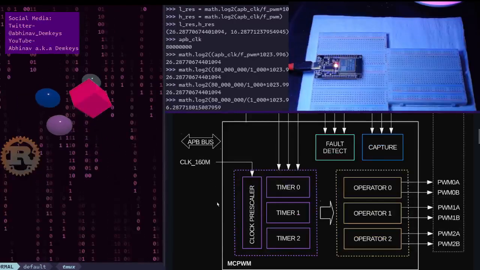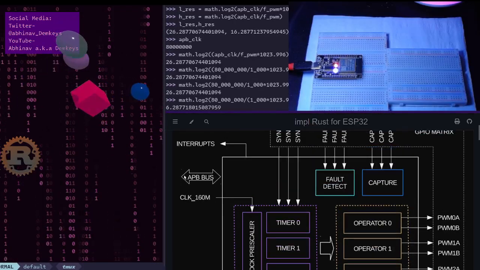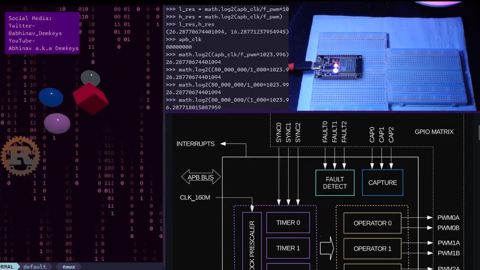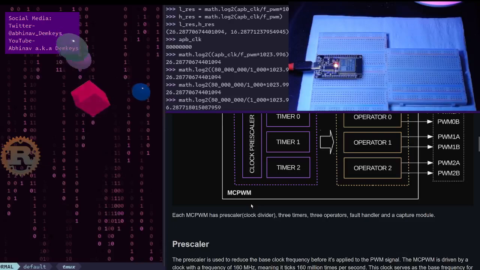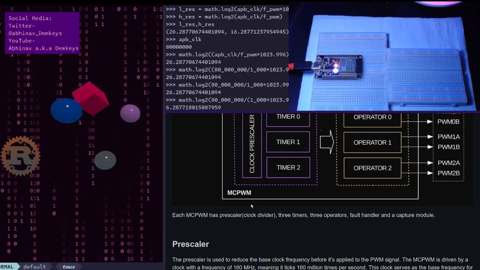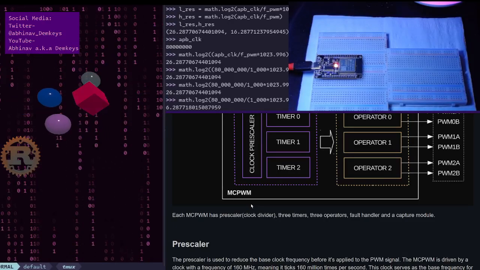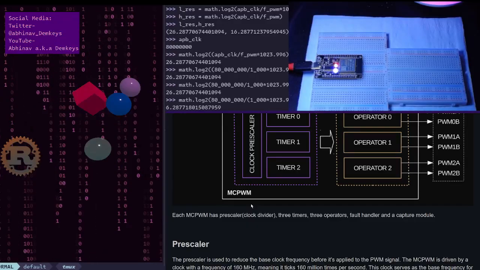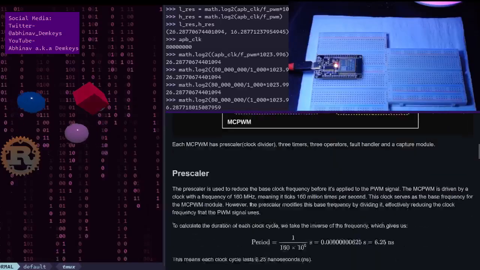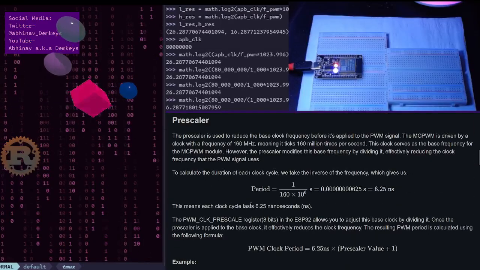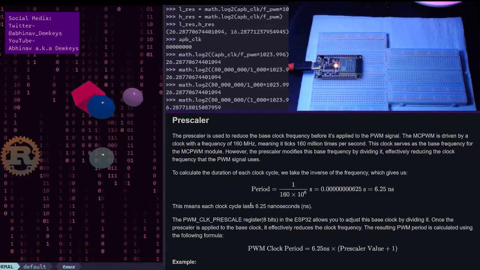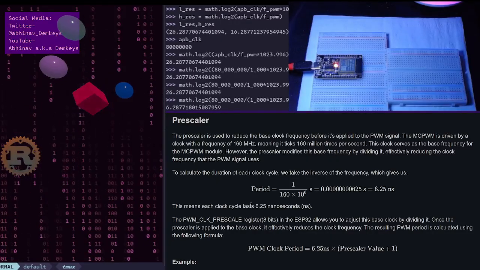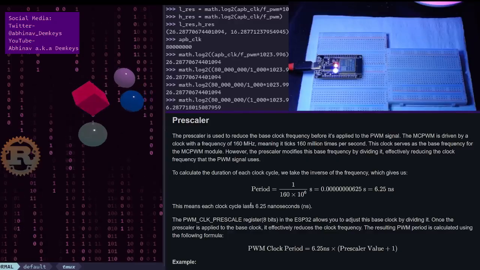So it's 160. This one is running at 160. That's interesting. Each MCPWM has a prescaler or clock divider, three timers, three operators, a fault handler, and a capture module. The prescaler is used to reduce the base clock frequency before it's applied to the PWM signal. The MCPWM is driven by a clock with a frequency of 160 megahertz.